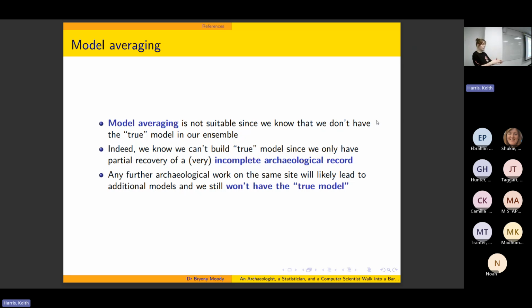But even if you had a whole team of experts, that's still going to be there. And any further excavation, like the one I was at in Lowham, which was an additional excavation after some initial ones in the 1950s, means you're constantly able to obtain additional information. And even then you still don't have the true model. So I quite quickly ruled that one out.